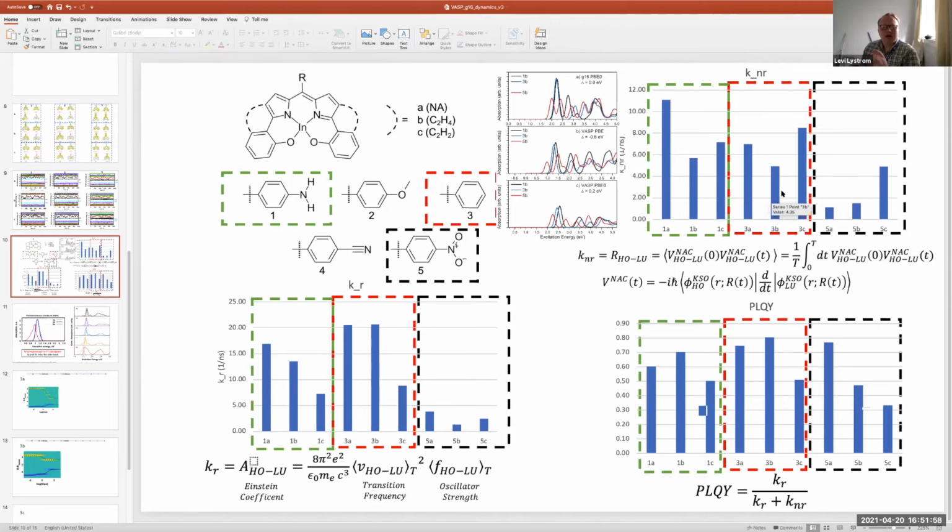And they also show lower non-radiative rates. I understand that it's the radiative over the sum of radiative and non-radiative.